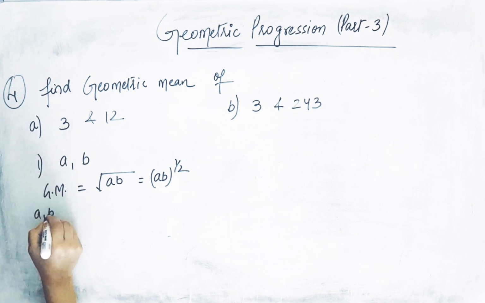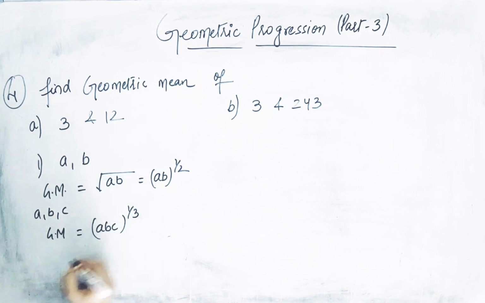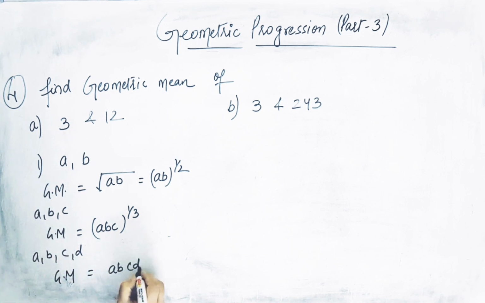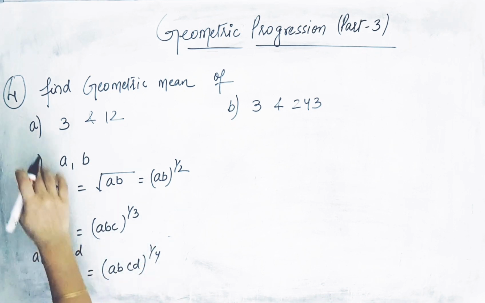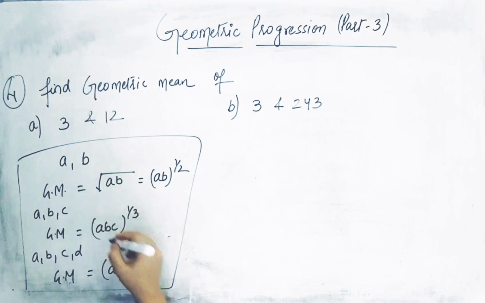Similarly, if three numbers are given, the geometric mean becomes (ABC) to the power 1 by 3. And if four numbers are given, we can write (ABCD) to the power 1 by 4. Now, the same concept we have to apply in these questions.